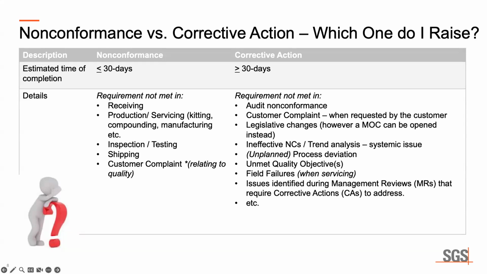I can't afford having issues with my suppliers, and we're trying to mitigate this as closely as possible. So in some cases, you might have a client that says, we don't want you opening up a non-conformance report. We want you doing an in-depth investigation, and thus we expect you to open up a corrective action. We will typically see this in industries that are more regulated, like in pharma, like in nuclear.